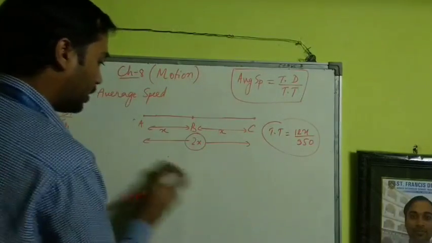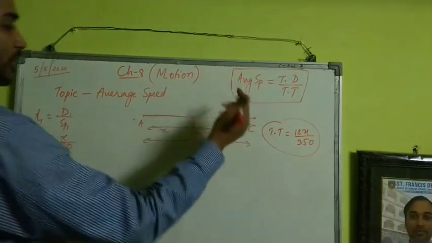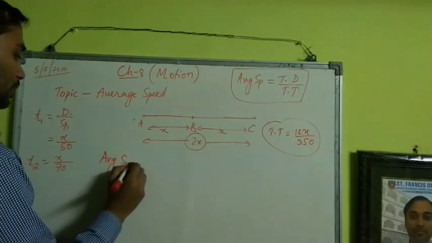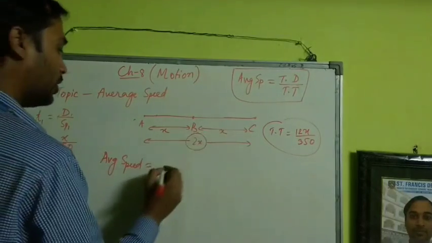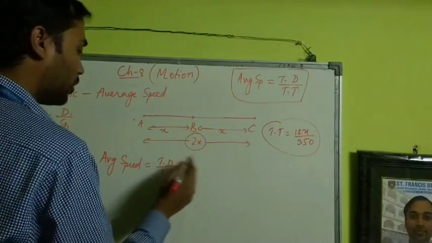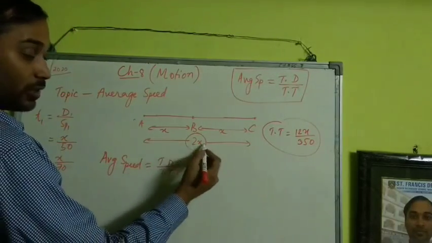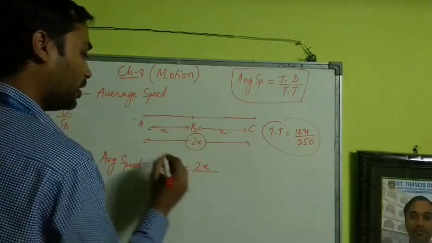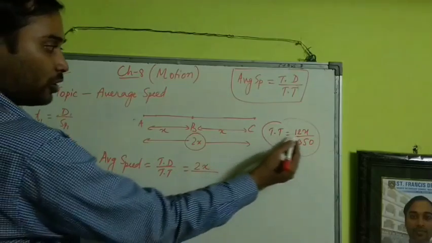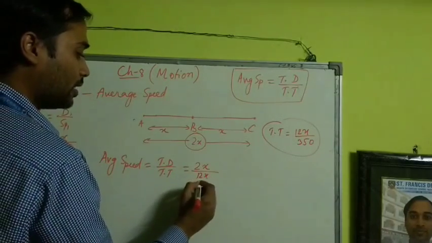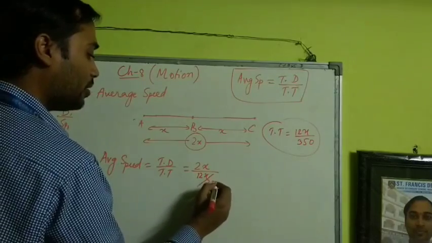Now find the average speed. So applying this formula here, we get total distance by total time. So total distance we have already discussed, it is twice x. So we'll put twice x for total distance, and total time we got 12x divided by 350. So it is 12x upon 350.